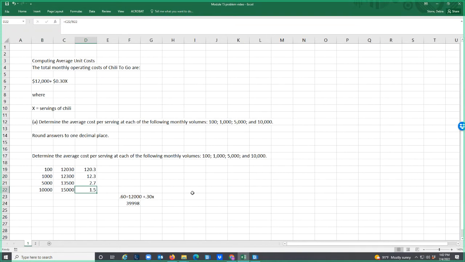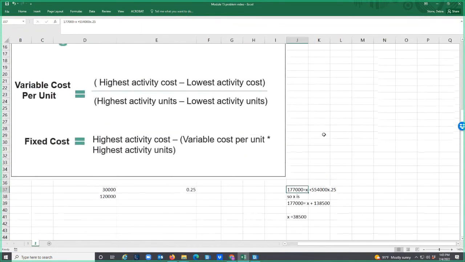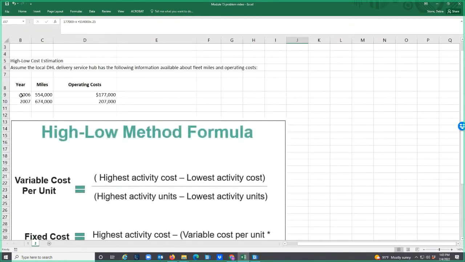In one question they asked you, in the last one, if it was 60, what would that turn out to be? What would X be?